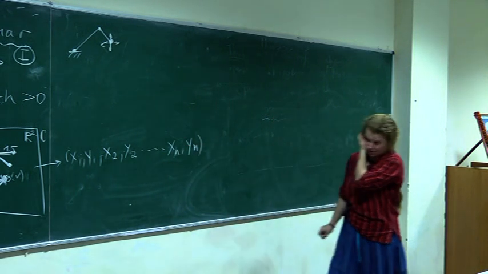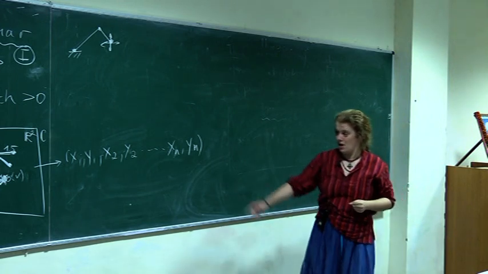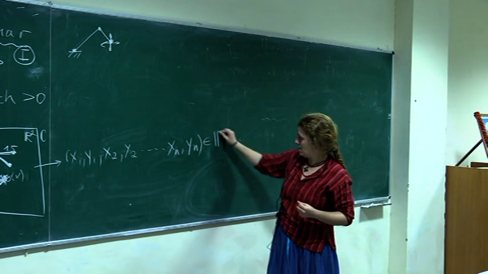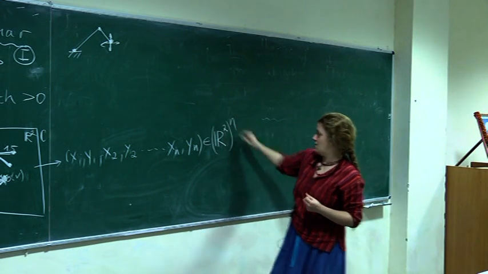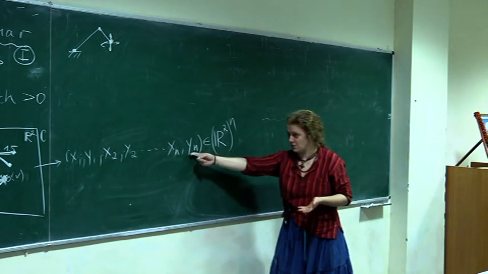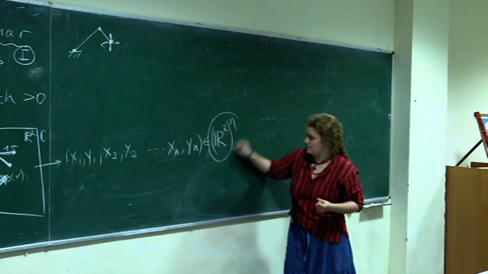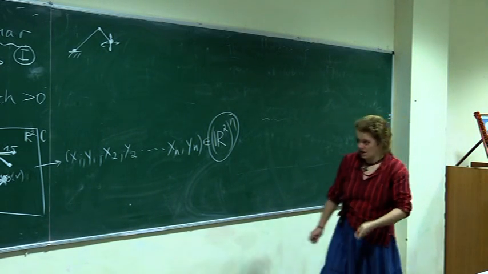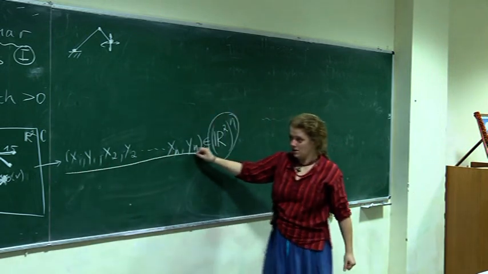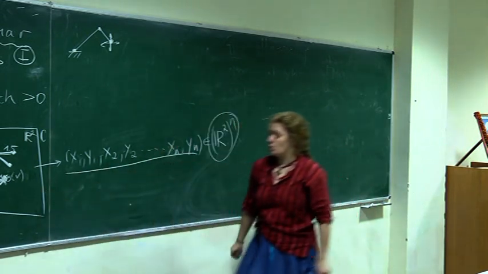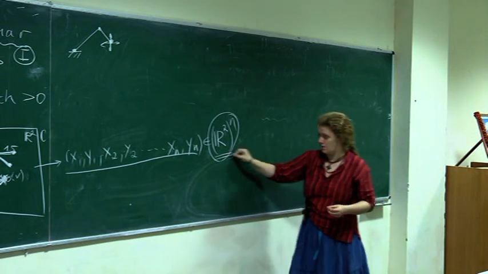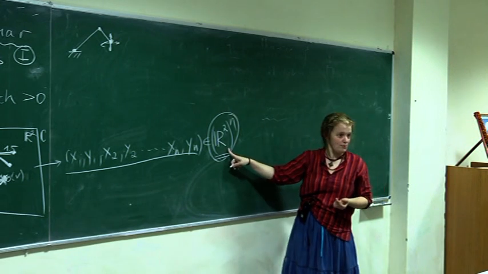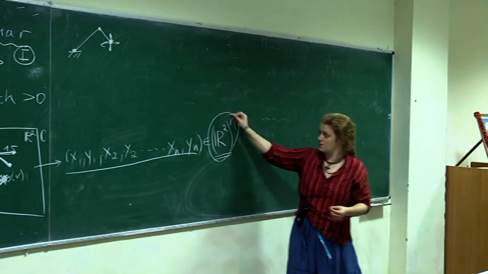So these are all the coordinates of all vertices of a configuration, and this is a point in this space. If we take all possible configurations of our linkage and encode them like this, we will get a subspace of this space, which inherits its topology.